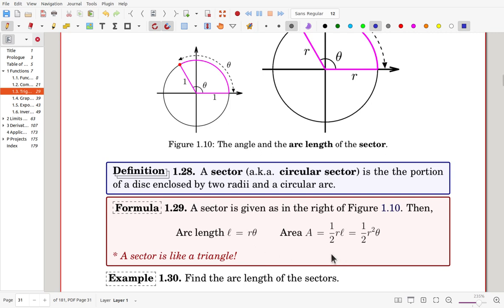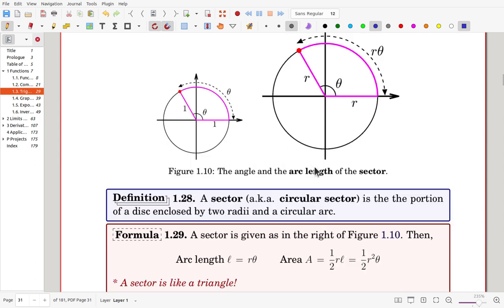Now, you already know that the area of a sector is half r squared theta, but it can be written as half r L, where L is the arc length. In this picture, for example, R is like a height, and for every point over there it is always the same R. And this length is L. So if you consider that one as a bottom, it is bottom length times height times half.